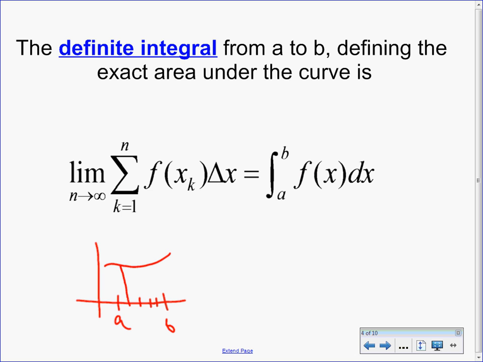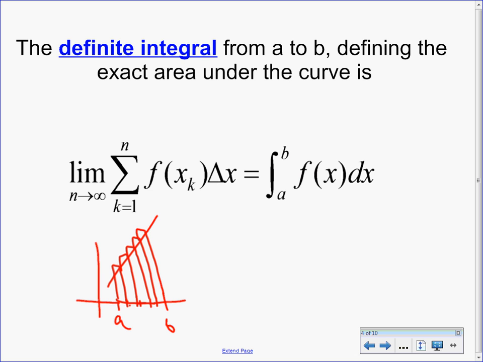We use the right side, correct? Maybe I should draw a curve that has a little bit more definition than that. I'll draw a really steep one. There we go. So we're going to use the right side, correct?